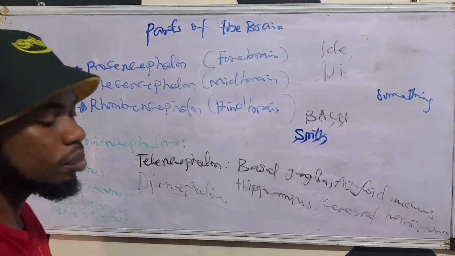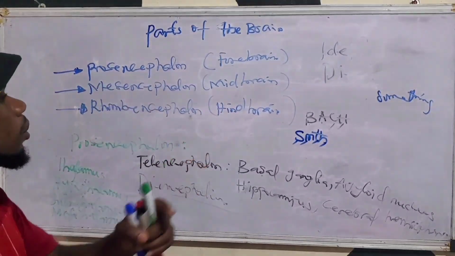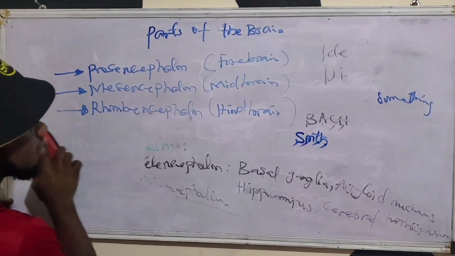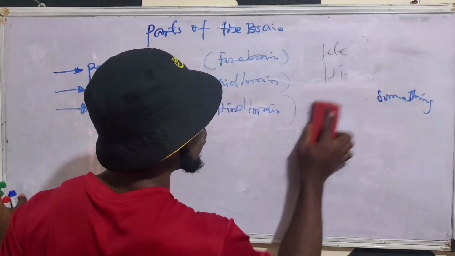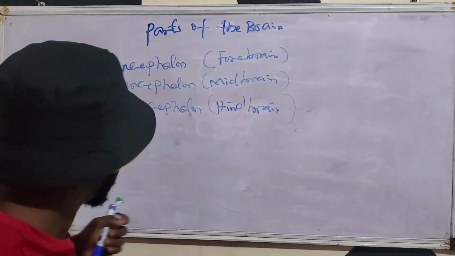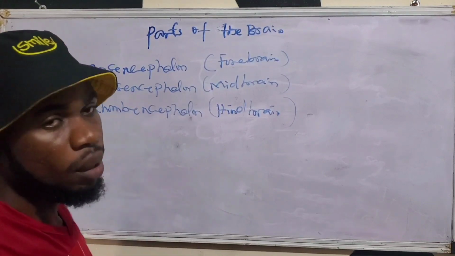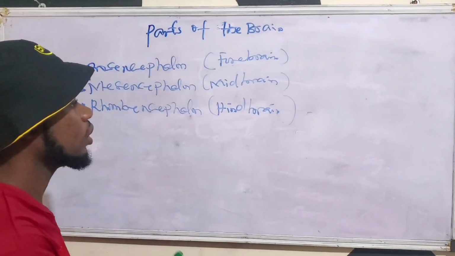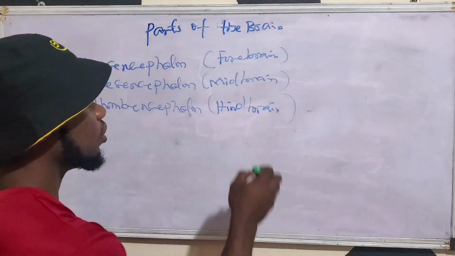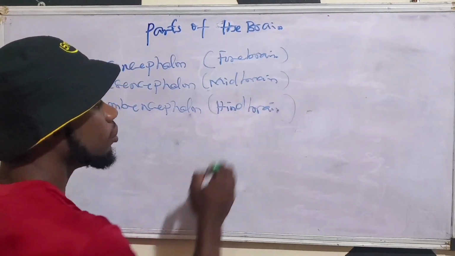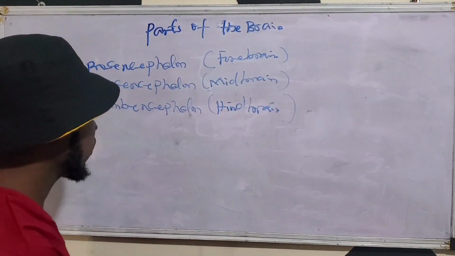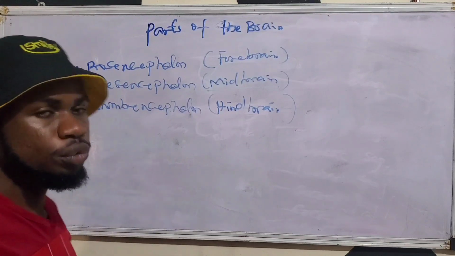Now, the second part of the brain, mesencephalon. There's not much to talk about here because it has no subdivision. All you just need to know is it is otherwise known as the midbrain, and that will take us right down to the rhombencephalon.